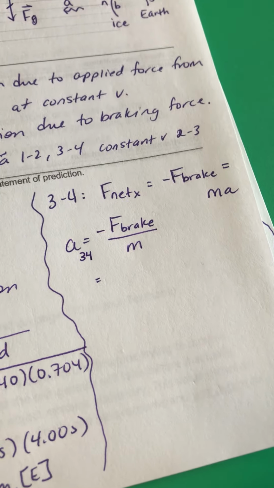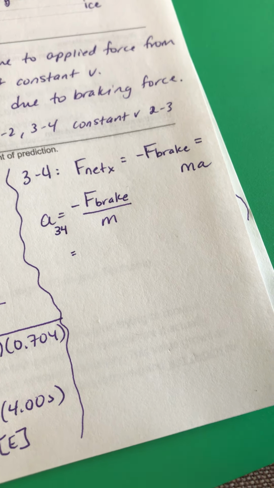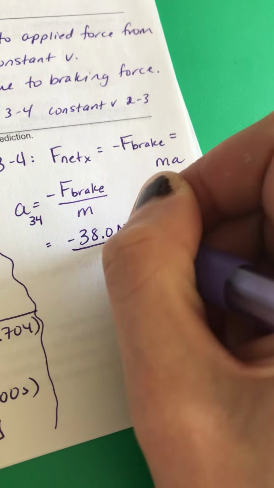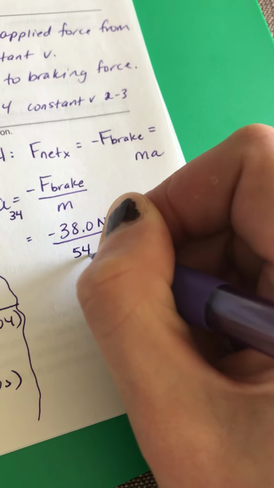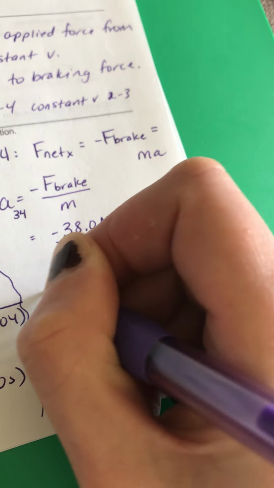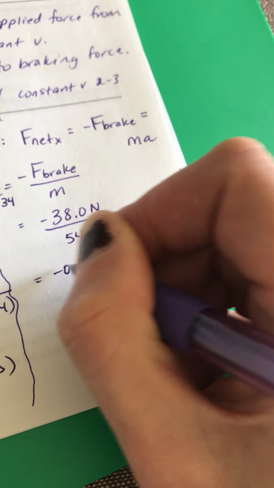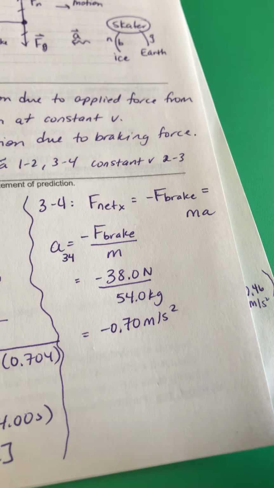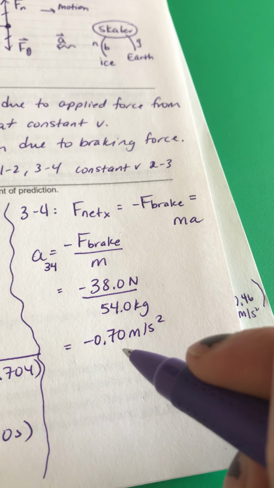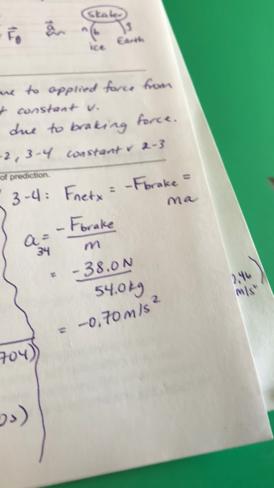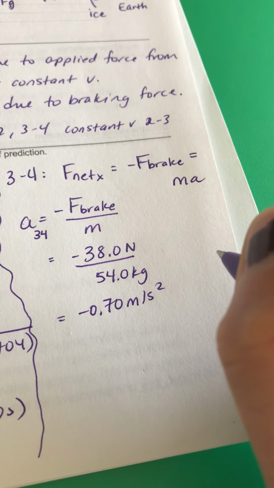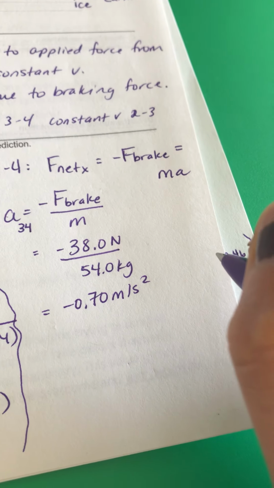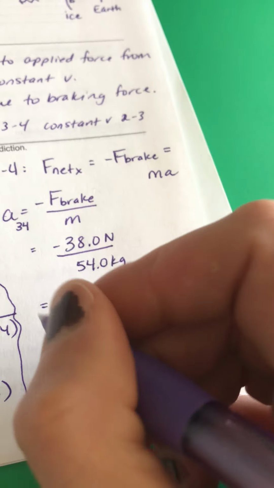This is different than a from 1 to 2 and from 2 to 3. So we're plugging this in, 38.0 newtons divided by 54.0 kilograms, and we get negative 0.7 meters per second squared. And that makes sense because my acceleration is opposite the direction of motion. If I'm moving in the eastward direction, then my acceleration here, because I'm slowing down, is negative.